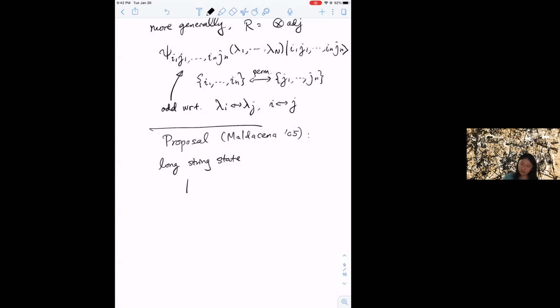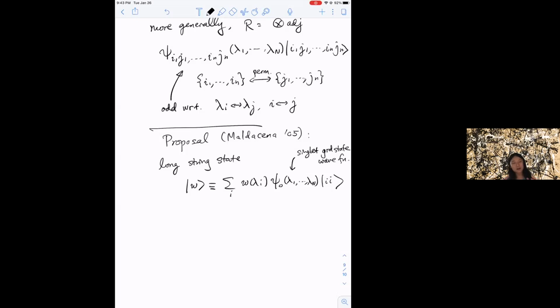So the long string state, I'll label it by W, is defined as sum over i of W(lambda_i). As I said, the state has to be contracted with |ii>. And I'm going to multiply by the ground state wave function in the singlet sector. So this is psi_0, the singlet sector ground state wave function. This is the Fermi sea that I drew before, that made sense in the singlet sector.